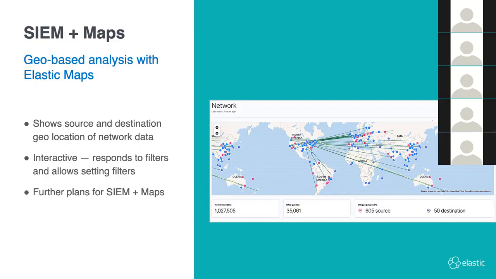So all the network data that contain source and destination, like IP source, IP destination, TLS handshake or DNS, or any kind of network data that contain source and destination, we can see directly in the map, and we can also use a filter directly to filter maybe a geopoint, or whatever. It's interactive, responds to filters and allows setting filters.